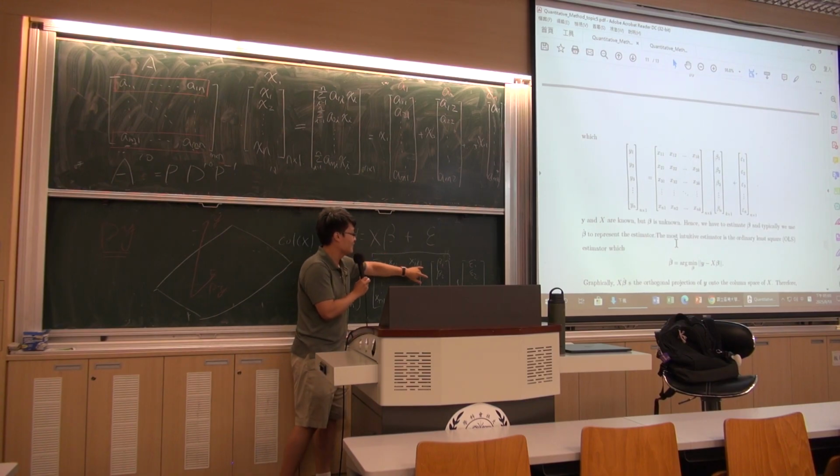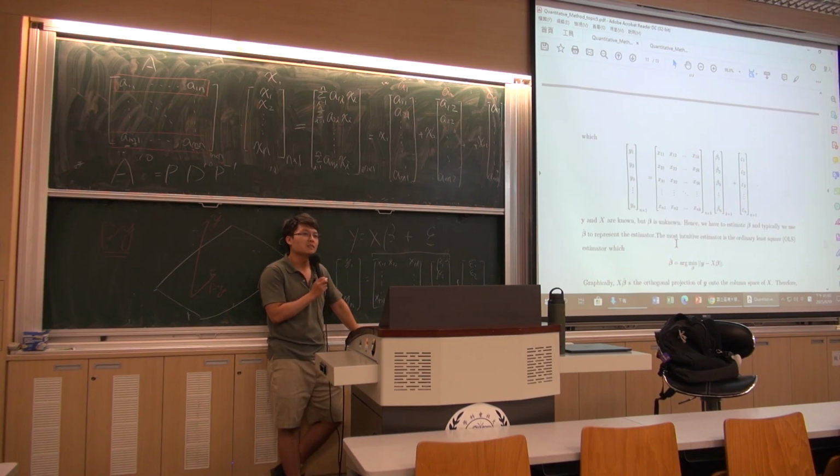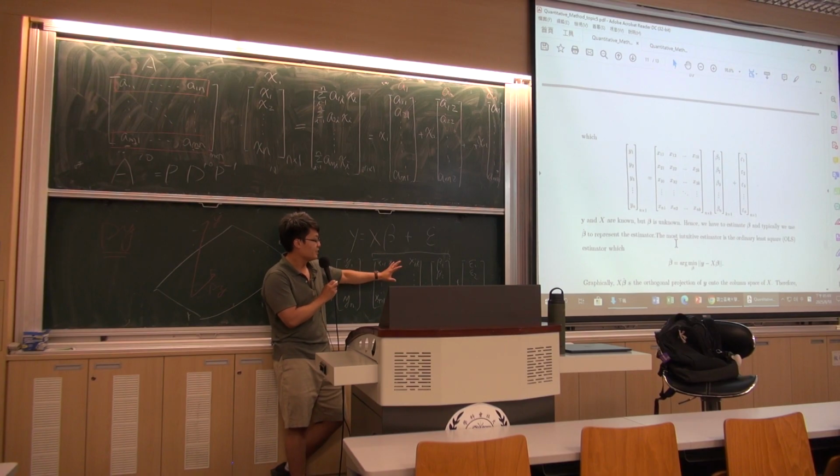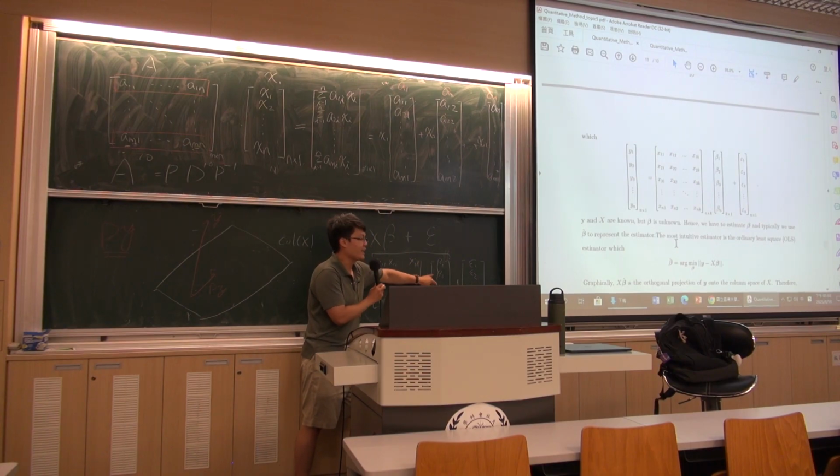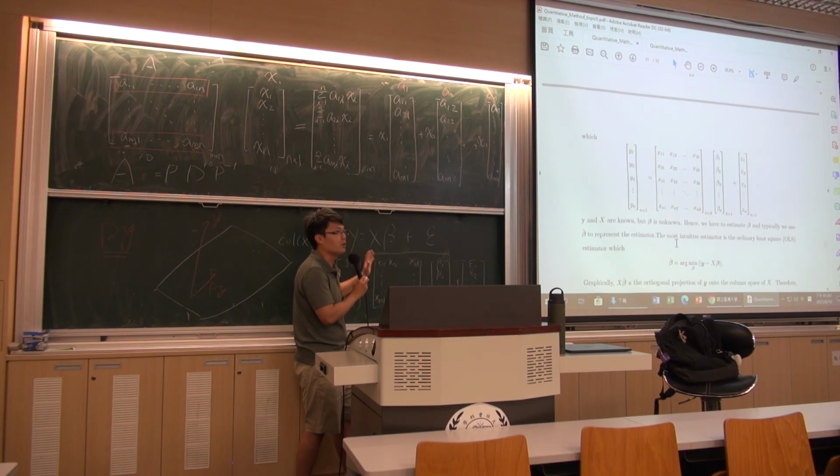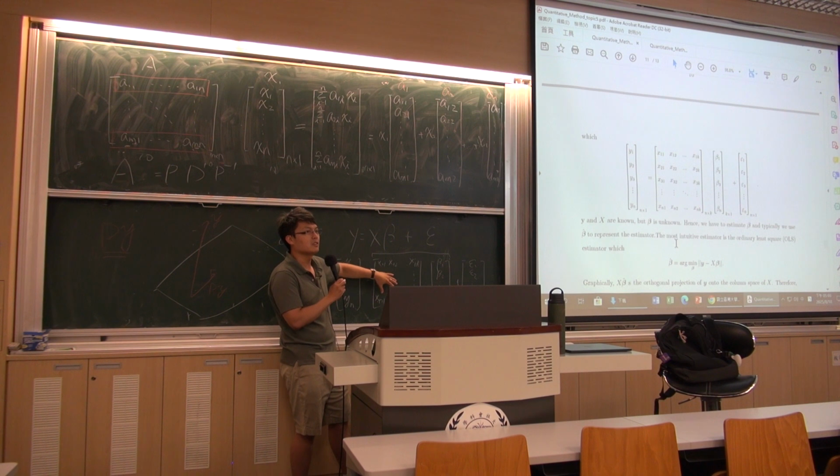If I tell you that you can use whatever beta you want, then that is the column space, because I can put whatever beta here, which means it is the collection of all possible linear combinations of the columns, the whole column space of X.